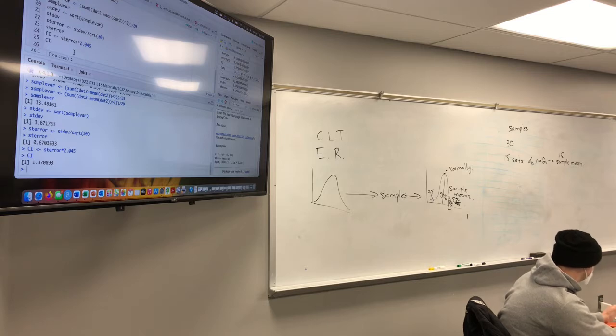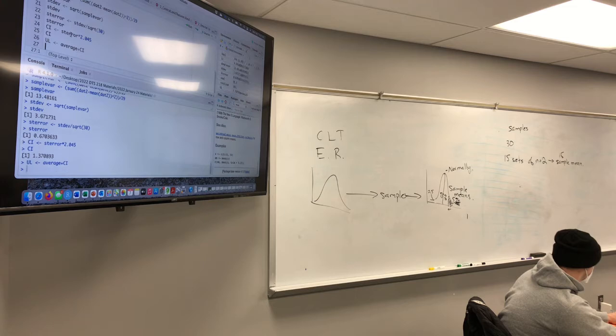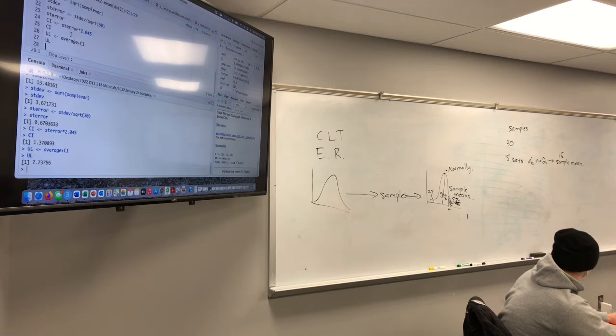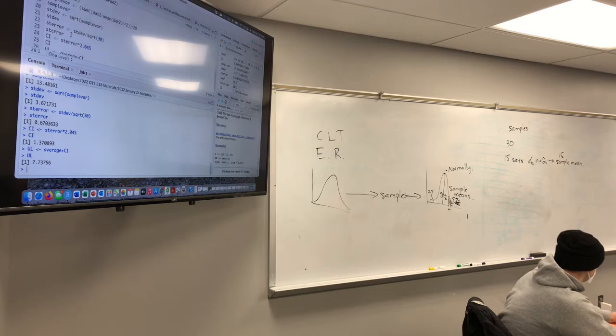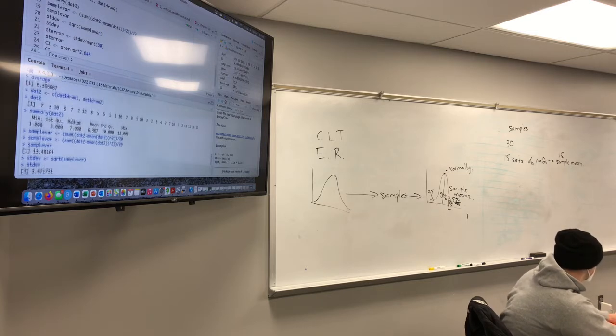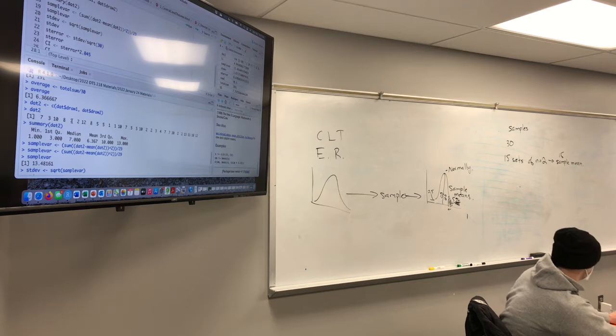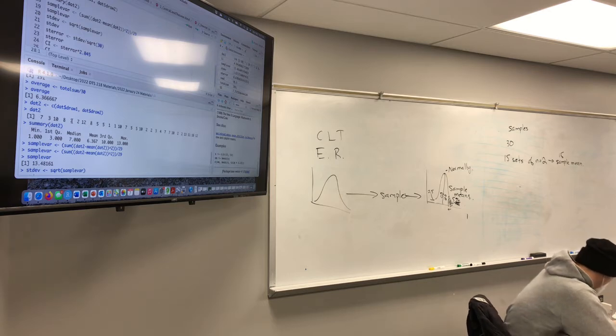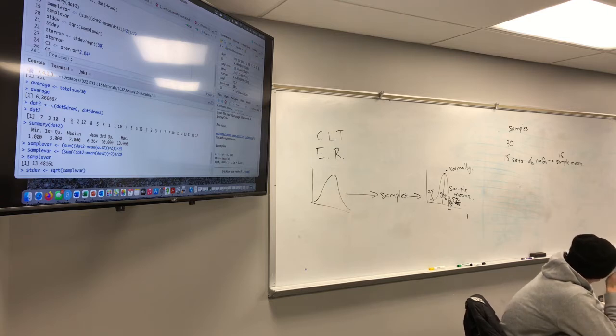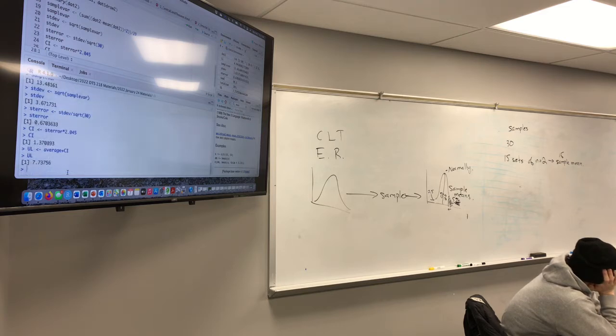Now we can calculate the upper limit of the confidence interval, which is simply going to be the mean. What was the mean? Oh, the mean is called average, plus the confidence interval. When we ask for the upper limit, I get 7.73. So our mean was actually 6.3667, and our confidence interval goes up to an upper limit of 7.74.